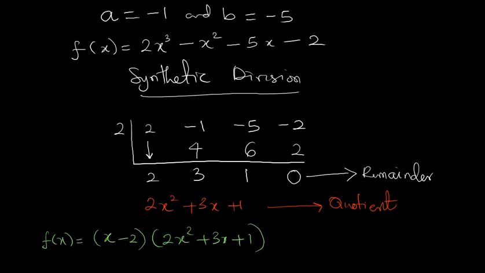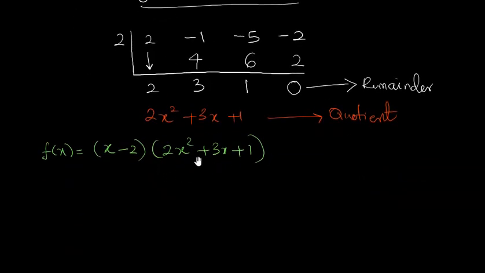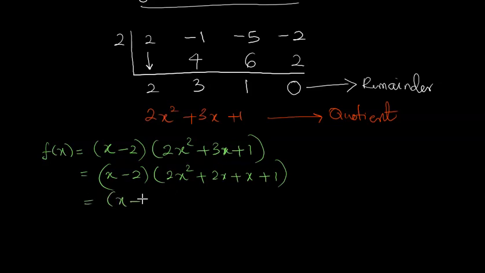So now it is this that we're going to factorize. This is a quadratic equation. We know how to factorize it. We just multiply these, 2 times 1, and we have x minus 2, then 2x squared plus 2x plus x plus 1. So we have x minus 2, 2x, x plus 1, and what is common here?